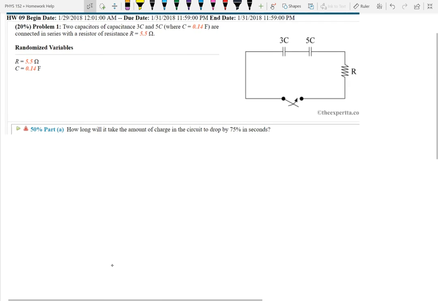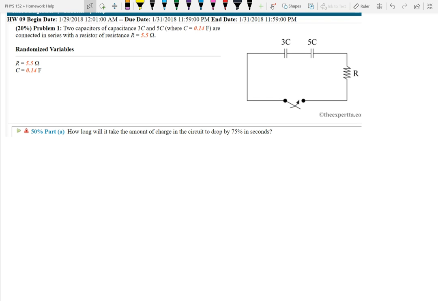The time equation. Okay, well, it's not exactly the same. In fact, it's not at all the same.